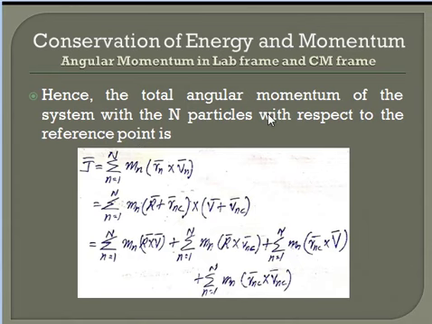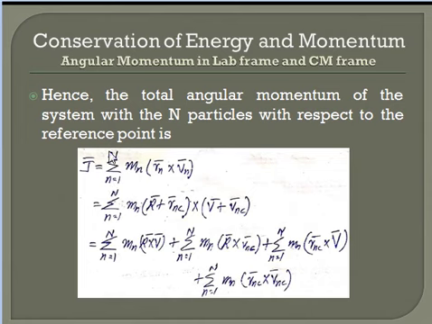Thus, the total angular momentum of the system of n particles with respect to the reference point will be R cross P, that is equal to Mn Rn cross Vn, and this is the angular momentum of the nth particle.